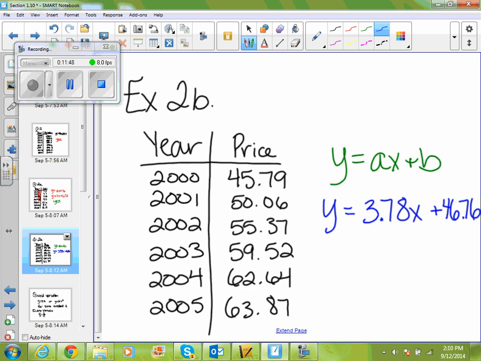Once you've hit your graph button, go to zoom and hit your 0 button so that it goes to zoom fit, because this isn't going to be on the screen since they're such big numbers. Does our line fit our graph? Yes.